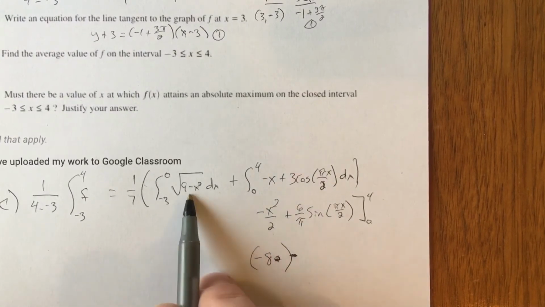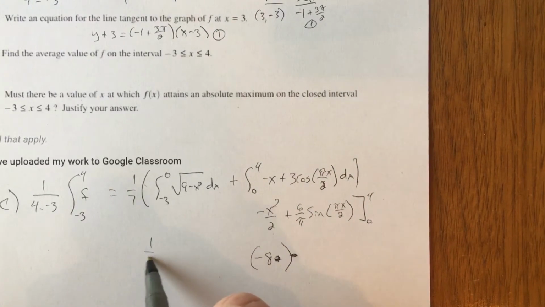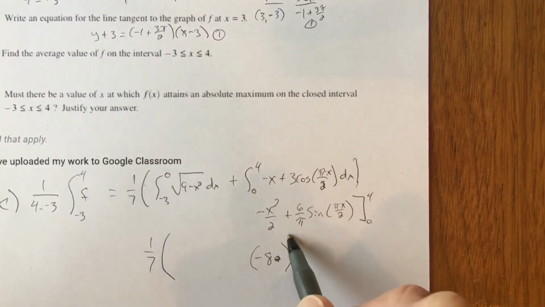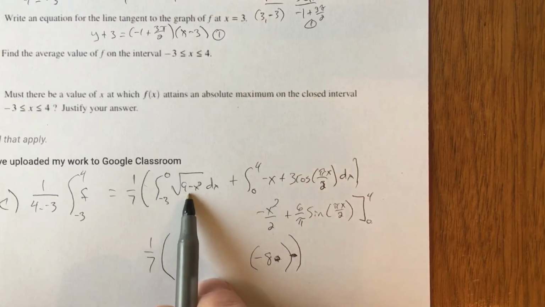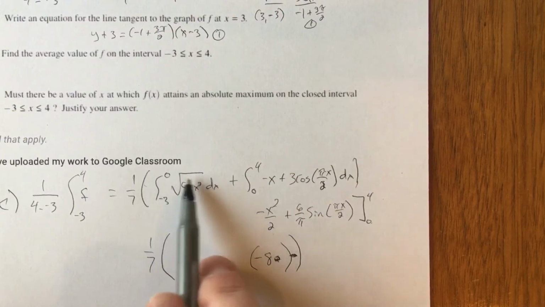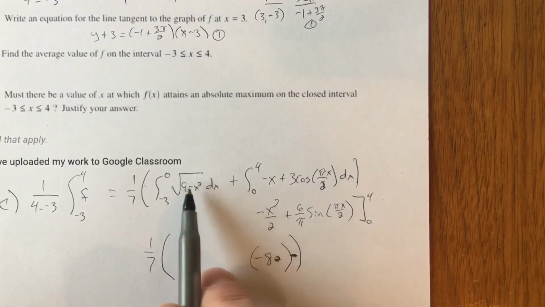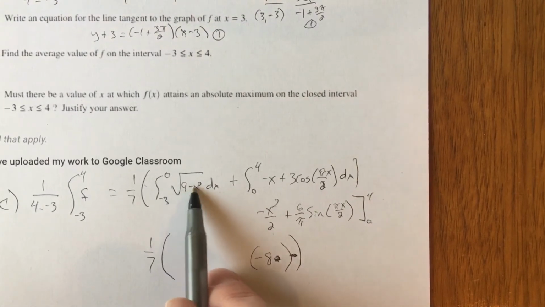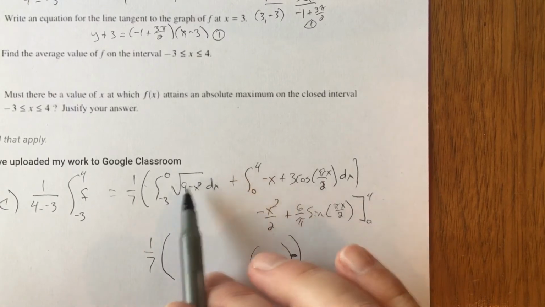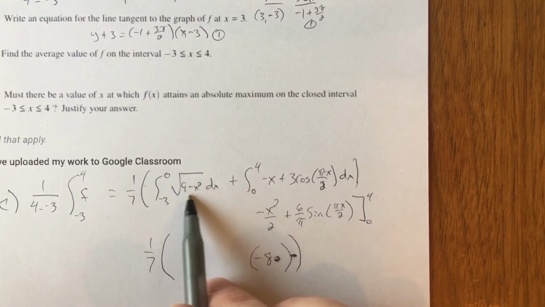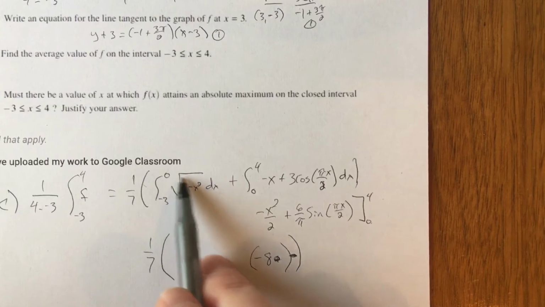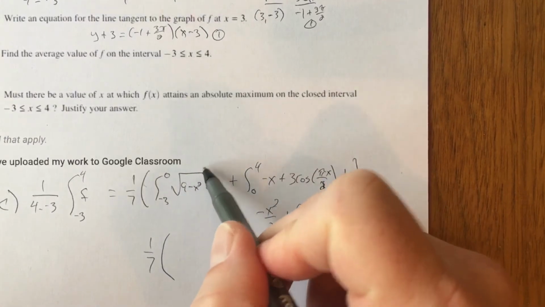Okay? As far as this part, this is the one that had me really flustered for quite a while when I initially did this, because I tried to think of all the different rules and different procedures. I tried a u sub, I tried rethinking it, and it wasn't until I put it to the side and then came back to it that I realized that what I was looking at, square root of 9 minus x squared, that's really just the equation of a circle.